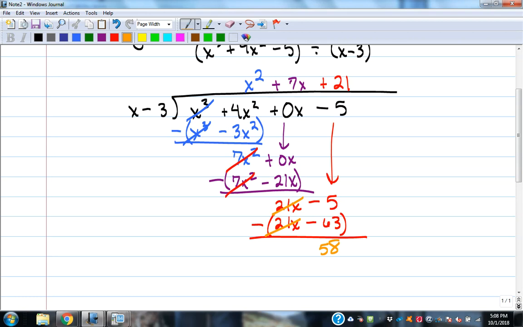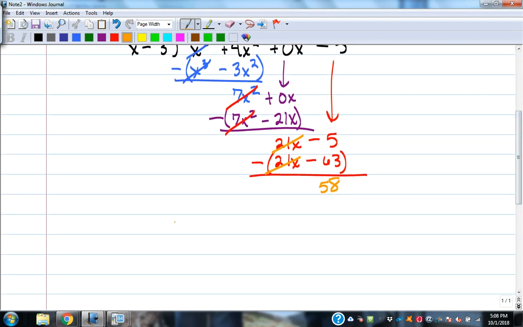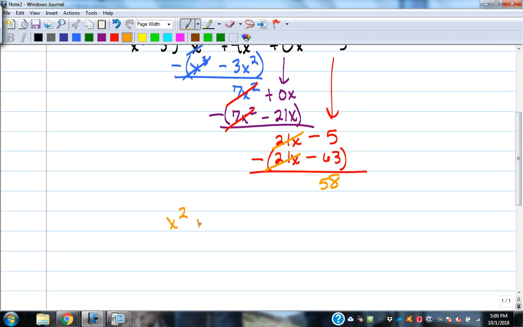Okay? In polynomial division, the way you write that answer is you have your quotient, x squared plus 7x plus 21. That's your quotient. Remember, the answer to a division problem is the quotient plus the remainder, 58, over what you divided by.